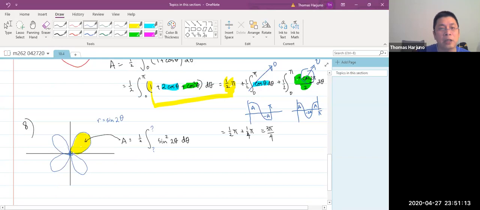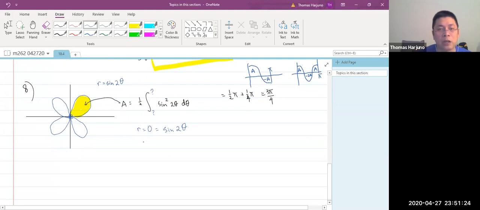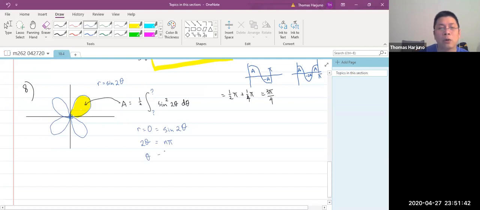I set the equation equal to 0 because I want to see when the radius equals 0. From trigonometry, we learn sine 2 theta equals 0 when 2 theta equals n pi, right? So theta equals n over 2 pi.